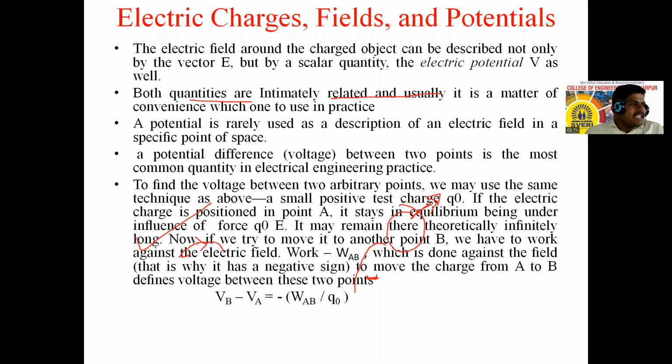This electric charge is present in some lines of force, always from positive charge to negative charge. That is nothing but the electric field, which is present around that charge, and between those two points there is some potential present.